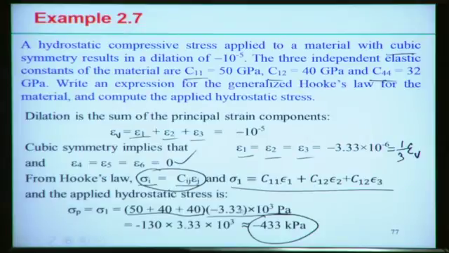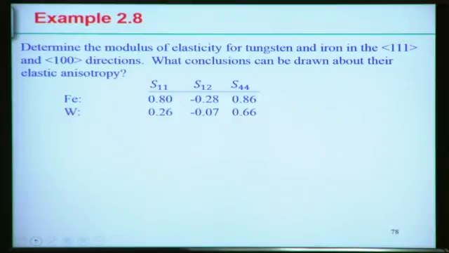So this way we can use different elastic compliances or stiffness terms to solve different kinds of problems. Let us look into another problem: we need to determine the modulus of elasticity for tungsten and iron in specific directions 1, 1, 1, that means along the body diagonal, and 1, 0, 0, along the axis of the crystals.